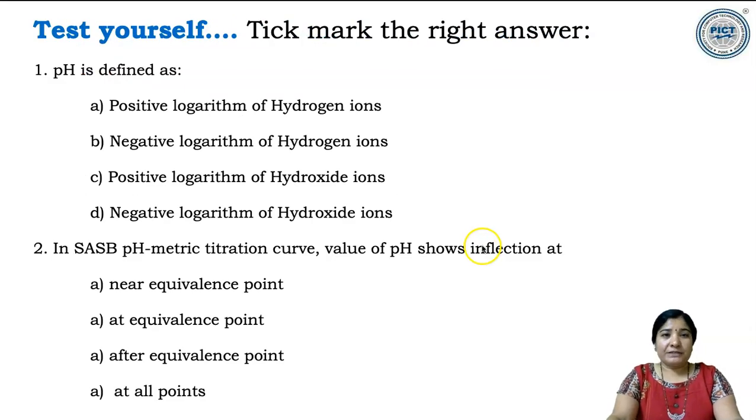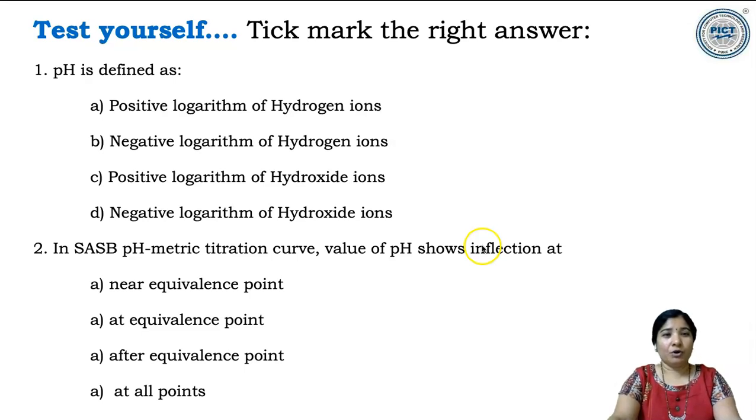Now test yourself, tick mark the right answer. If it is only a single answer, tick it once. If there is more than one, tick accordingly. The first question is: pH is defined as.